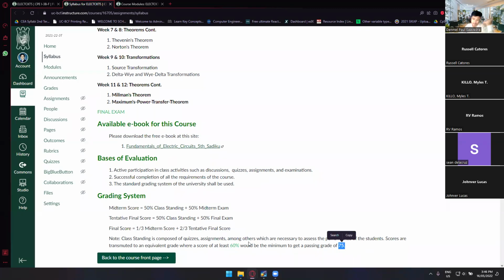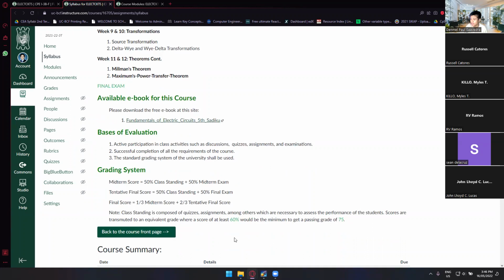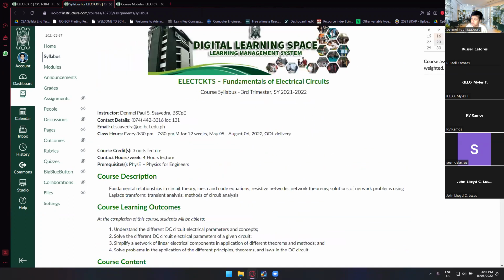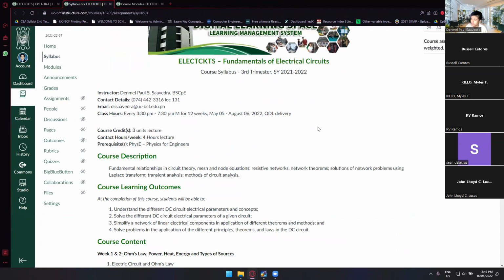And of course, if it's above that, say 65 or 70, then you will probably get a grade of 80, 81, 82. Okay. So it's not that 50% is equal to 75. I hope you guys already know that the passing score at UC is 60%, not 50%. All right. So I hope we're clear with the syllabus.